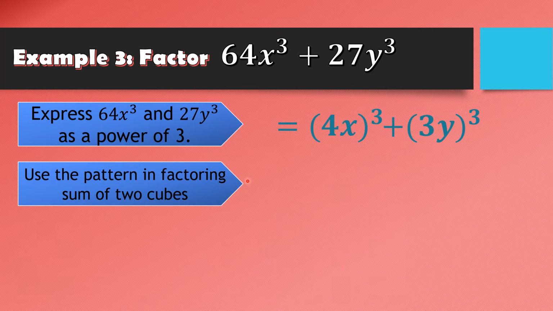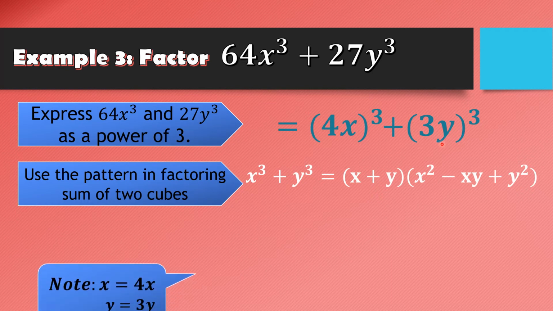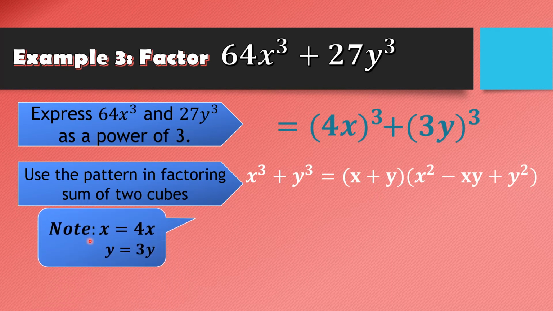Then, gagamitin na natin ang pattern na ito. Lahat ng x papalitan natin ng 4x. Lahat ng y papalitan natin ng 3y. So note that x is equal to 4x and y is equal to 3y.